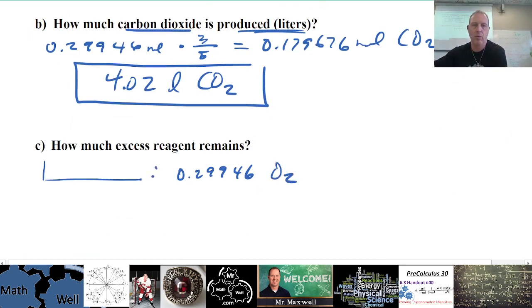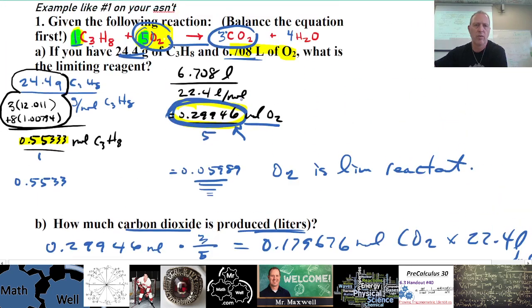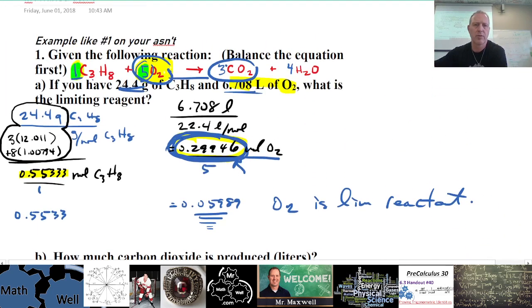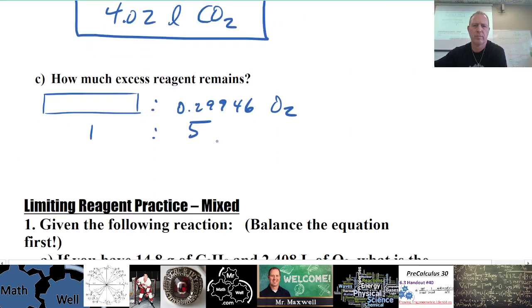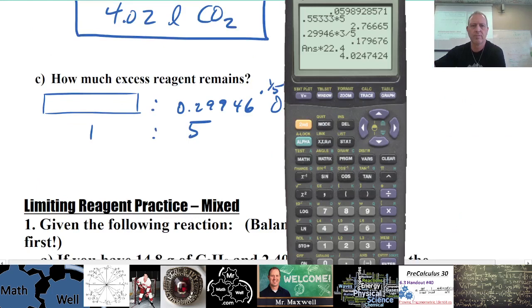And how many moles of propane am I going to be using with this? Well, this, remember, is a 5-to-1 ratio. So I'm going to go 0.299 right here, times 1 divided by 5. That's how I get this number right here.